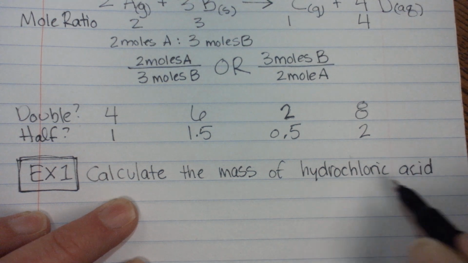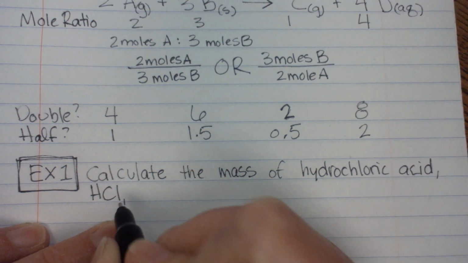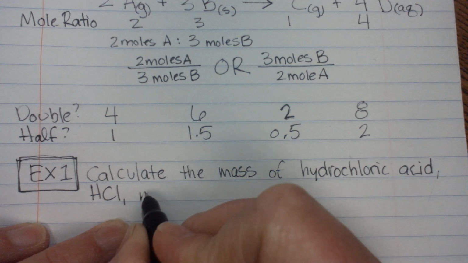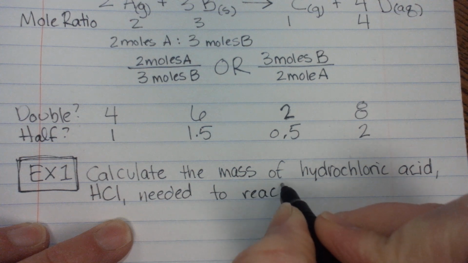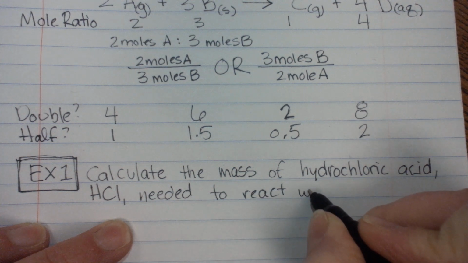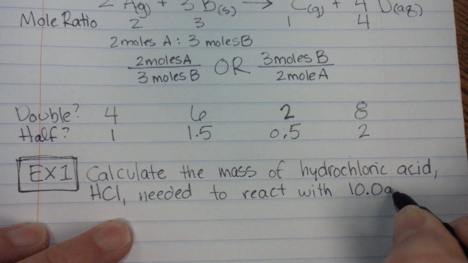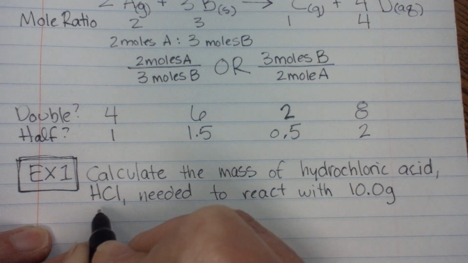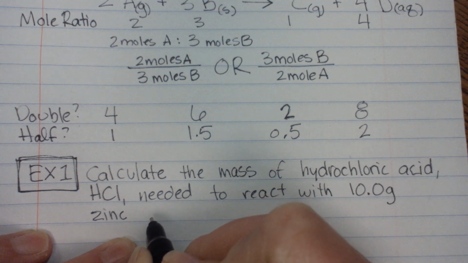And a lot of times for something like this, they will give you the formula, which is very convenient. Hydrochloric acid needed to react with 10.0 grams zinc metal.